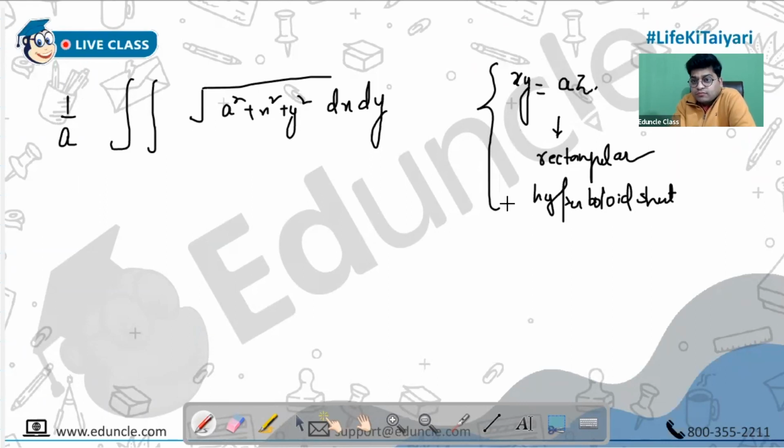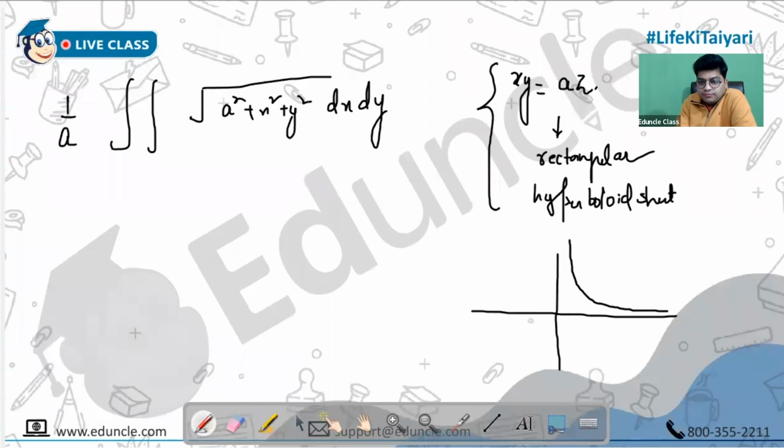Done. See, you have this kind of sheet. This is one curve in 3 dimension, increasing on the z-axis. Okay, like this. So it will be not as a one sheet.